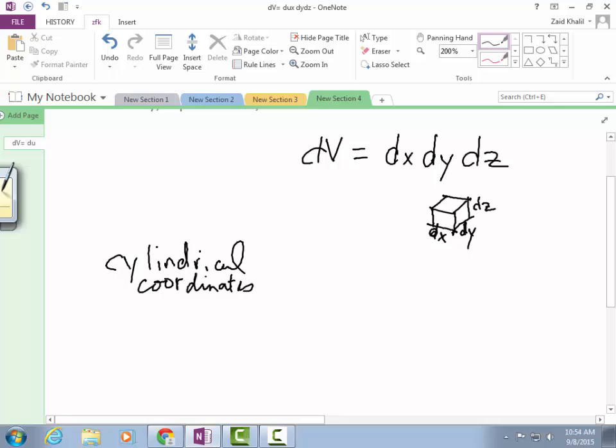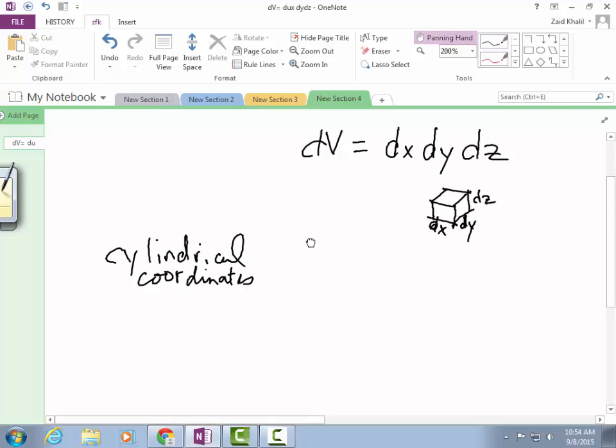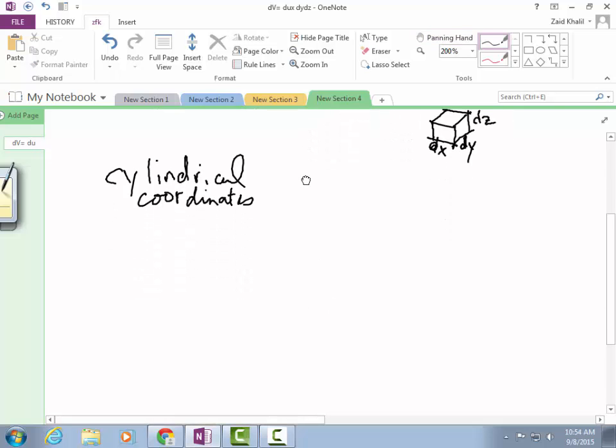Spherical is the only one that's totally new. For cylindrical coordinates, we're going to form the same areal element as before. So you have your origin.